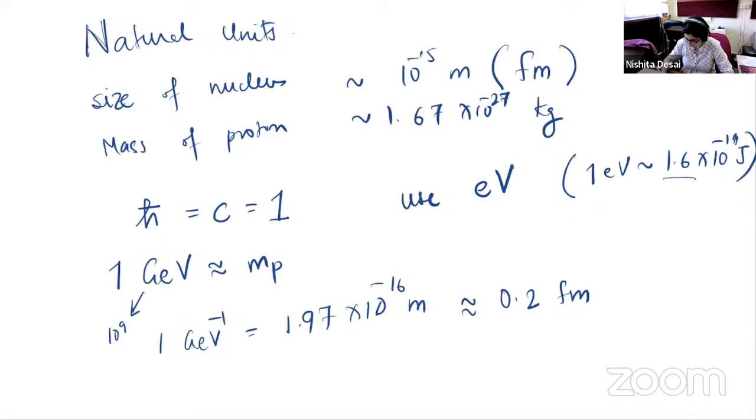So another thing that you can do here is convert this Fermi into GeV. The size of the nucleus is about 1 Fermi, so when you convert it to GeV, that comes out to about 200 MeV.